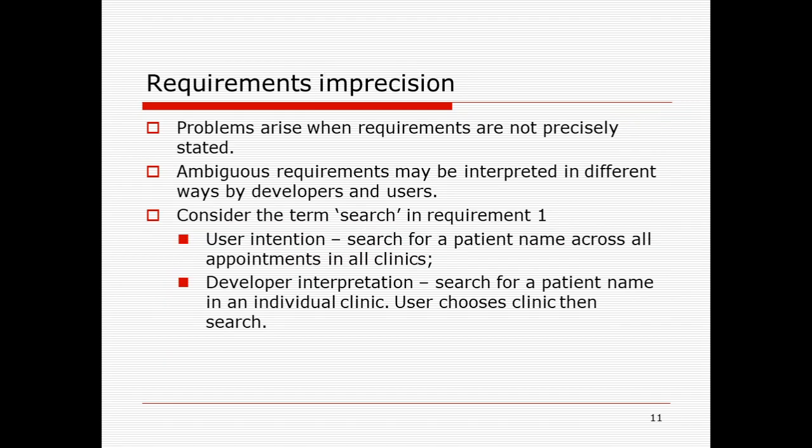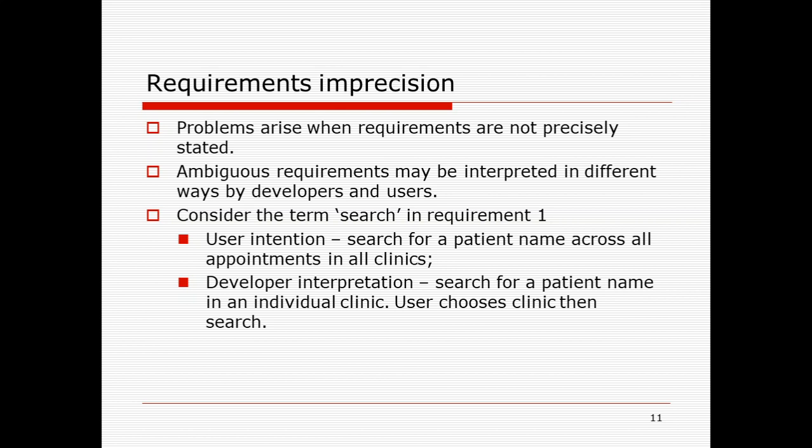The problem with functional requirements is that there may be requirement imprecision, that is, the requirement is not fully described. So there may be some ambiguity, with different interpretations of a particular requirement.